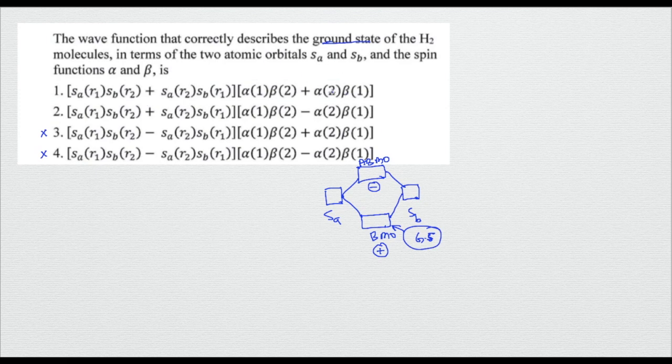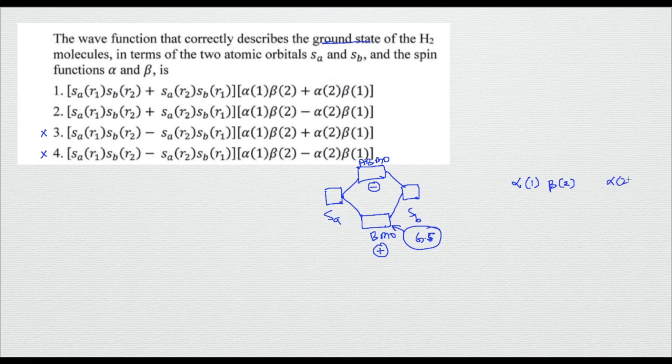Now you have to look at the spin states, okay? There are two spin states. It can be that the first electron is in alpha spin and the second is in beta spin, or it can be alpha 2 and beta 1.